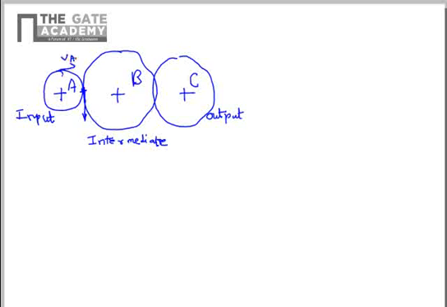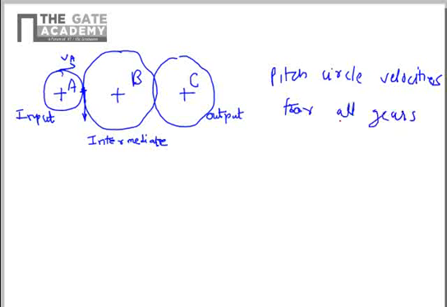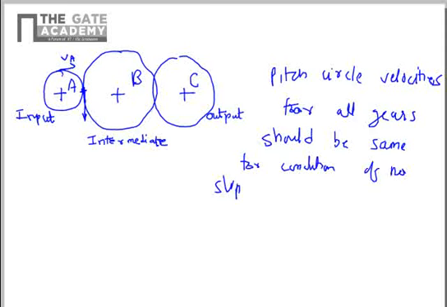So the velocity at any point on the pitch circle, the pitch circle velocities for all gears, should be the same for the condition of no slipping. We earlier defined the pitch circle as the circle whose diameter lets us replace a gear train by rollers, and when the rollers are touching each other, they transfer the motion without any slipping. So that is the definition.